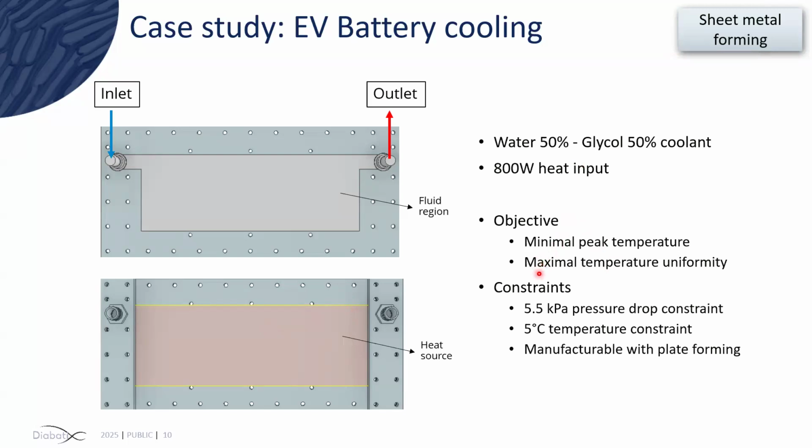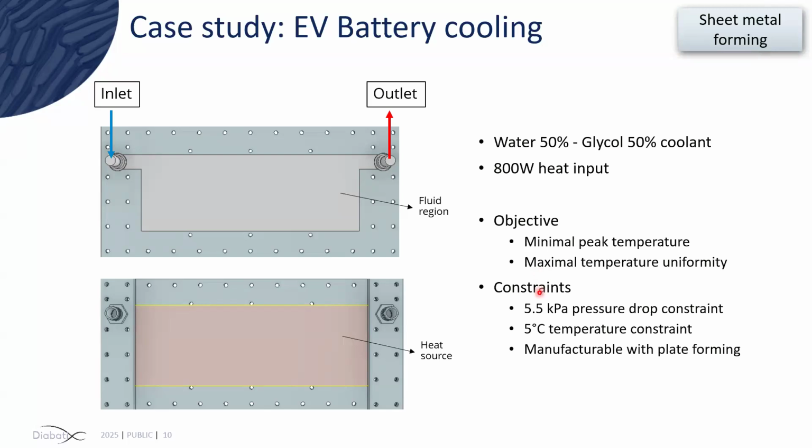Then maximum thermal uniformity, which essentially translated into a temperature uniformity of plus or minus 5 degrees centigrade, not more. So all of the points on the cold plate should not exceed more than 5 degrees from the average temperature in the cold plate.